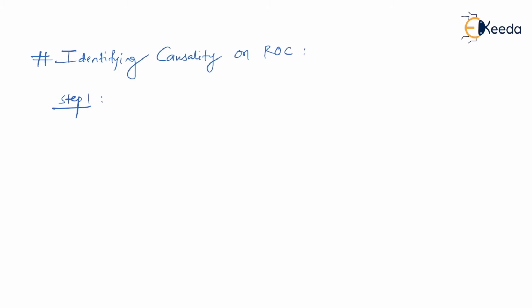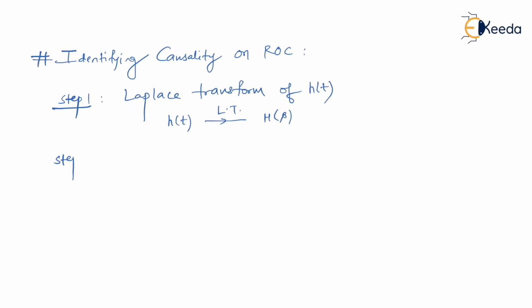Step number 1 is to take the Laplace transform of h of t, which will be H of s. We have solved so many examples. We know while taking the Laplace transform, how to identify the ROC. Then step number 2 is just to identify what the ROC is.